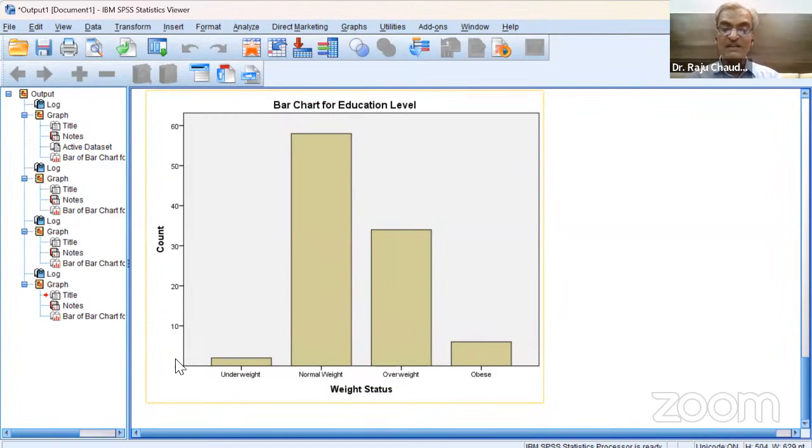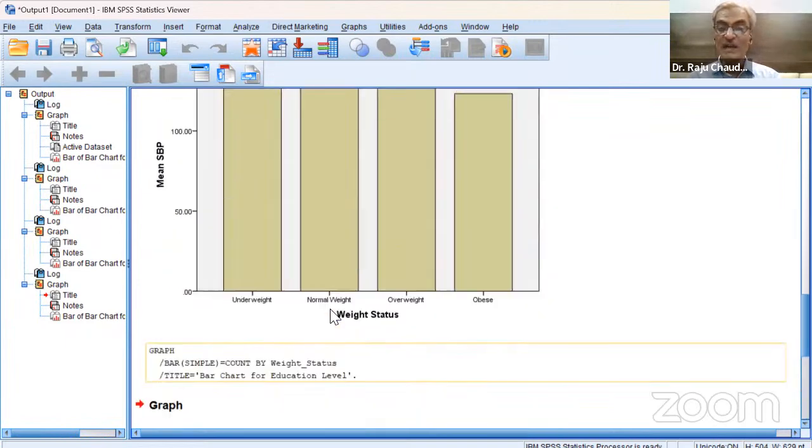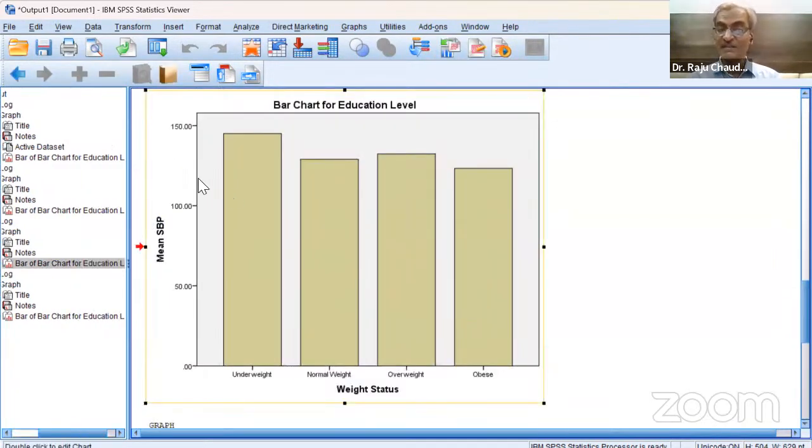Underweight: how many underweight respondents are there? How many respondents belong to the normal weight category, overweight category, and obese category? Along the y-axis we have count values, that means the frequency in each category, right? But in this case, this is not a frequency. For underweight people, what is the average systolic blood pressure?